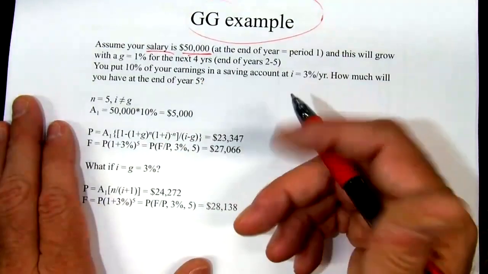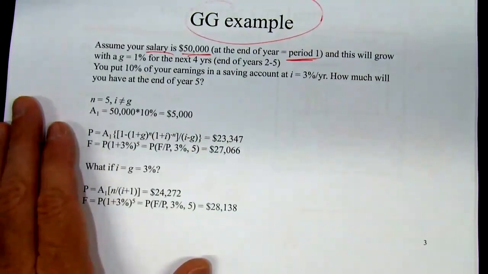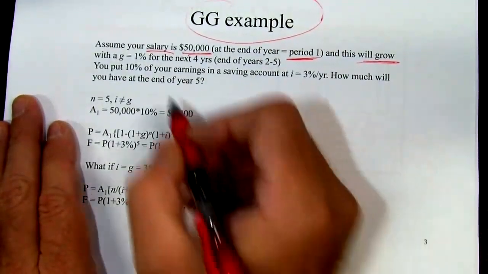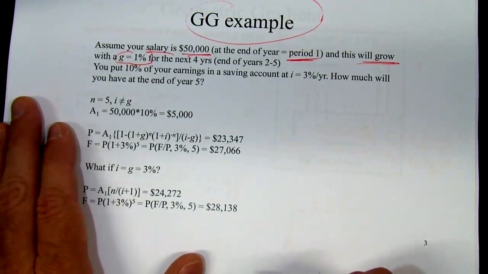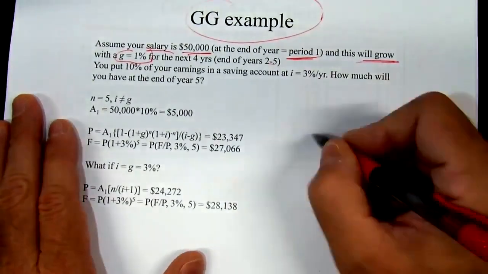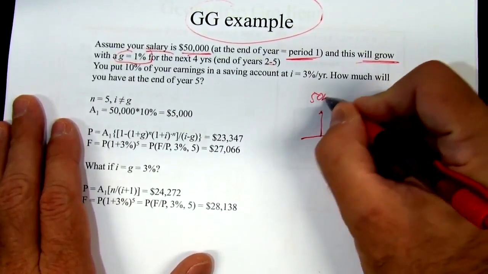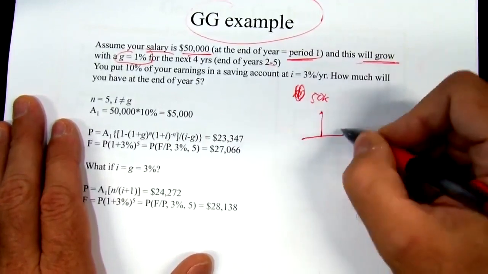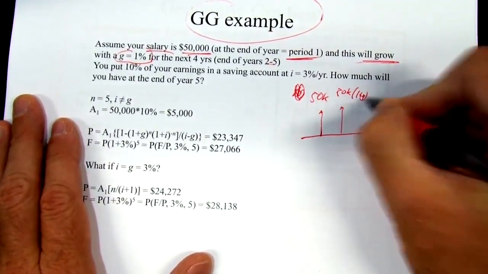So the period one would be your first salary, and this will grow because of salary increase with an expected growth rate of 1% per year in the next 4 years. Okay, so you have something like that as your salary. You have 50K as your A1. Actually, don't put A1, just 50K, and then 50K (1 + G).